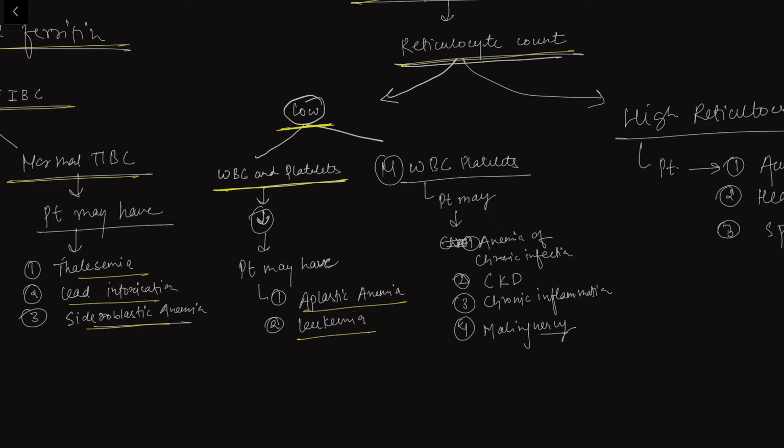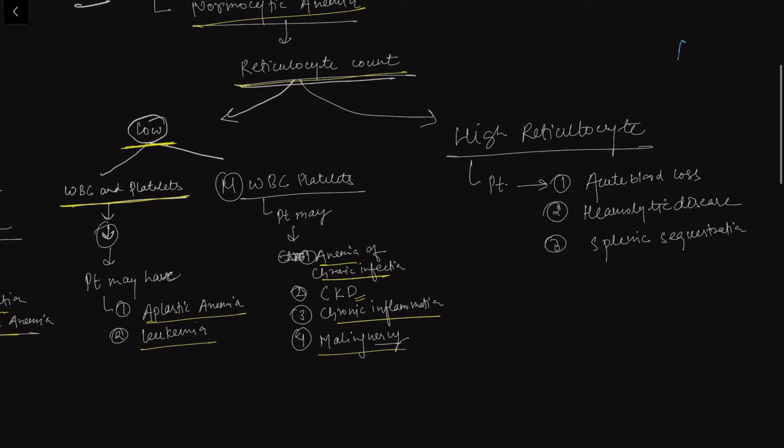If reticulocyte is low and WBC and platelets normal, then the patient may have anemia of chronic disease, chronic infection, chronic kidney disease, chronic inflammation, or any malignancy. If high reticulocyte, then the patient may have acute blood loss, hemolytic disease, or splenic sequestration.